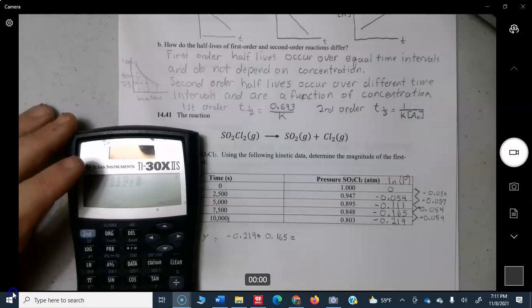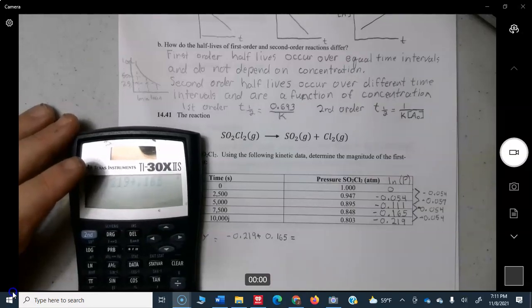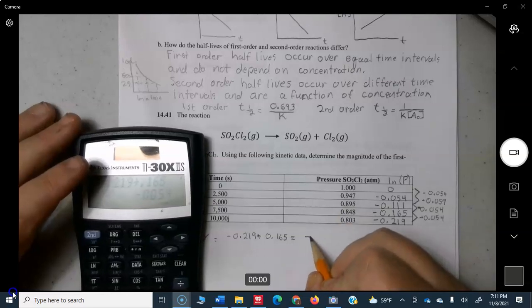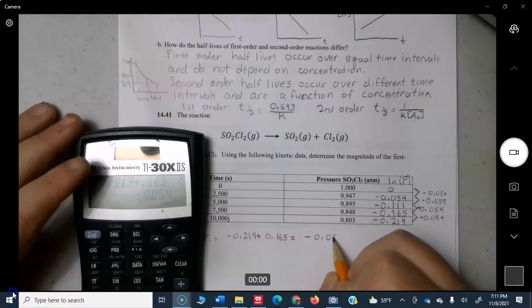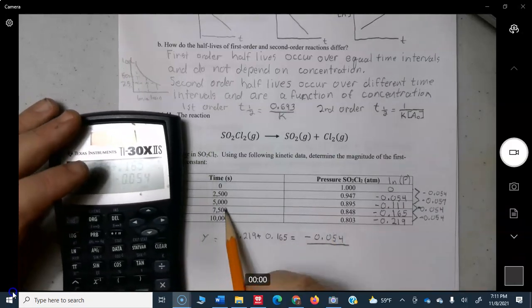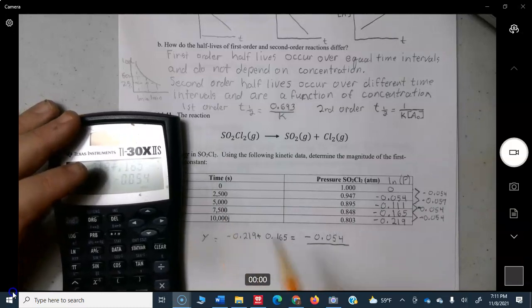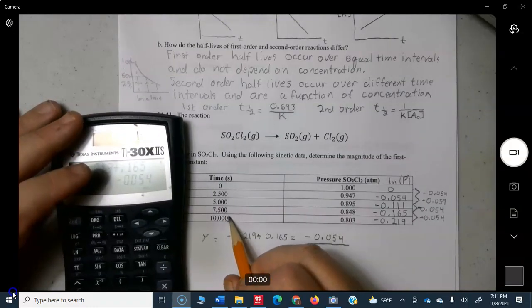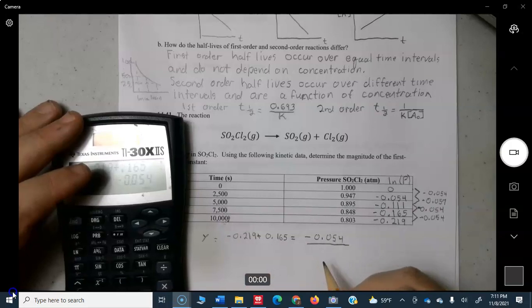So that just becomes plus 0.165. And that gives us what we already figured out, over the difference here, which is 10,000. I think that's a typo. 10,000 minus 7,500.